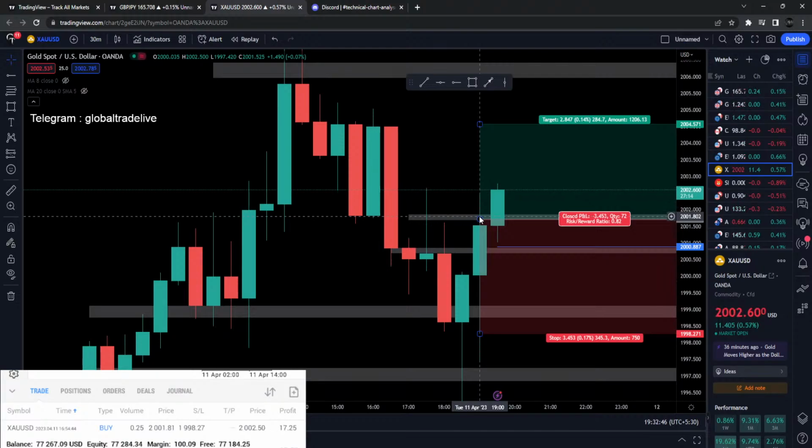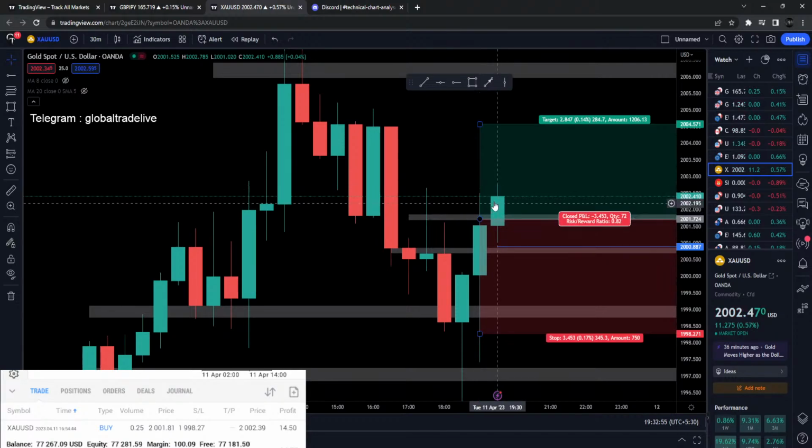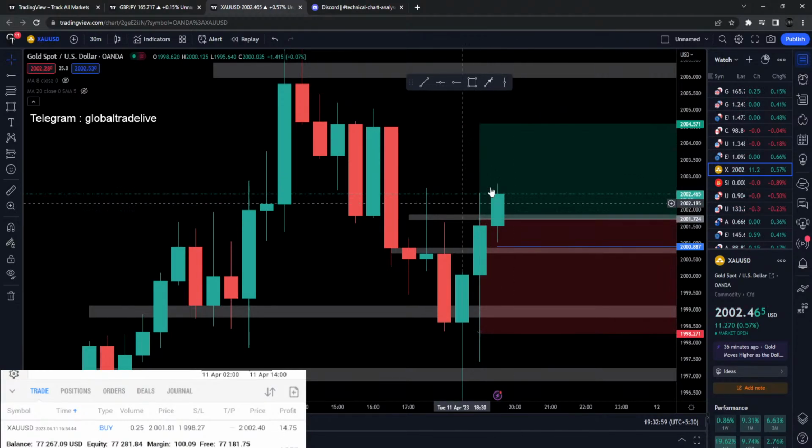Running in 8 pips right now. But it's rejecting this area again and again.